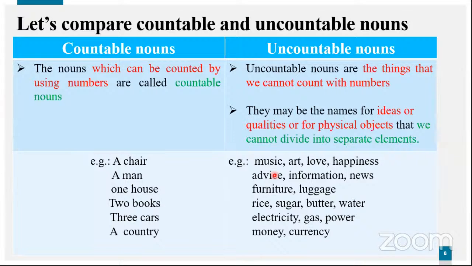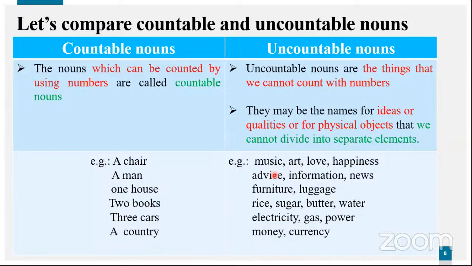So remember well, uncountable nouns means we can't count them using numbers, and we can't divide them into separate elements, right? We can't divide them into pieces in order like numbers, right? So we call them uncountable nouns, right?